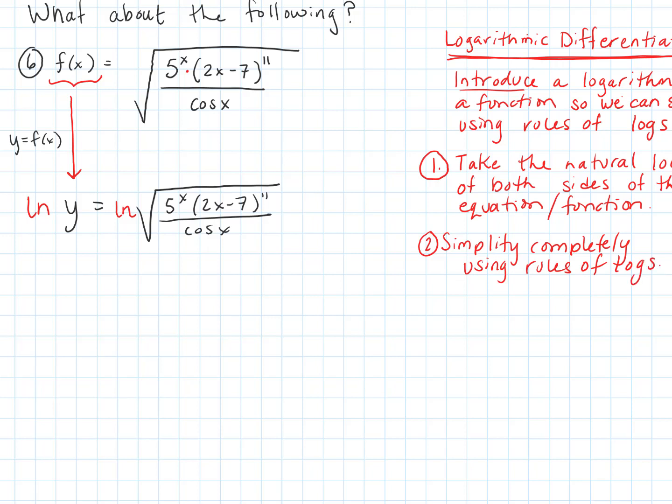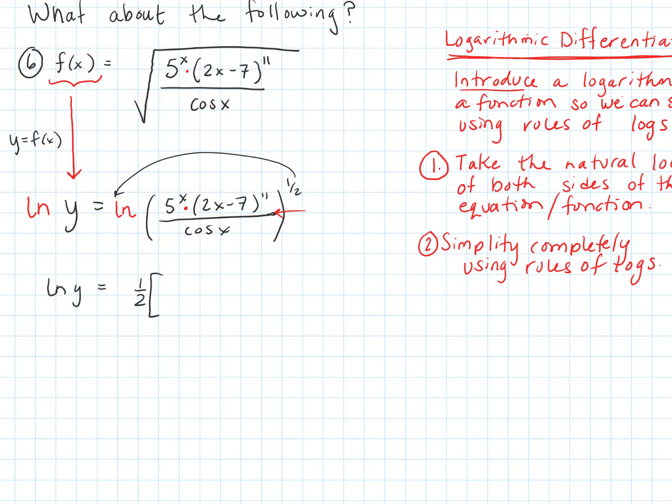So we're going to get in here and do exactly like we did on the previous example. Instead of a square root, let's think of that to the 1/2 power. And since it's to the 1/2 power, I could pull the 1/2 out in front. We're just going to leave that natural log of y on this side of the equation for now. And we're going to get 1/2. Now, when I take the 1/2 down, then I can also break apart the quotient as a subtraction, and the product in the numerator as an addition.